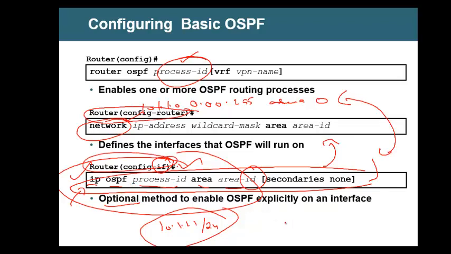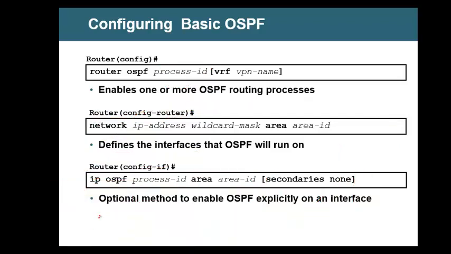This is much easier. You don't need to write any wildcard mask. You may use any one of these or both on the same router. Both also you can use, or any one of these you can use. It's your choice.